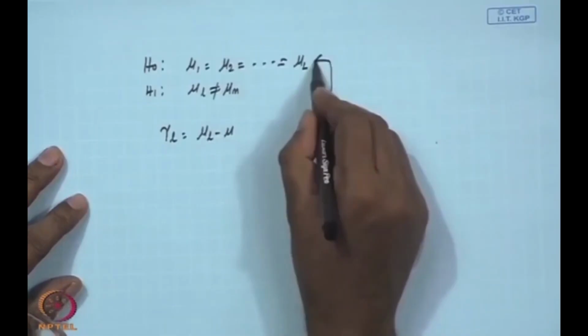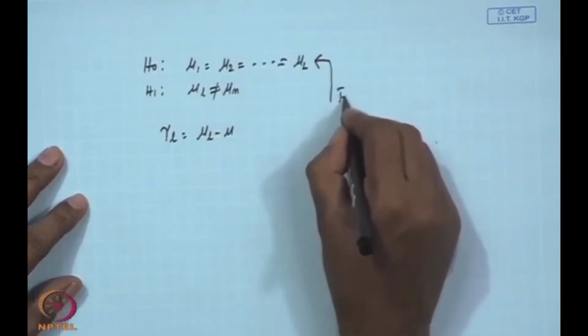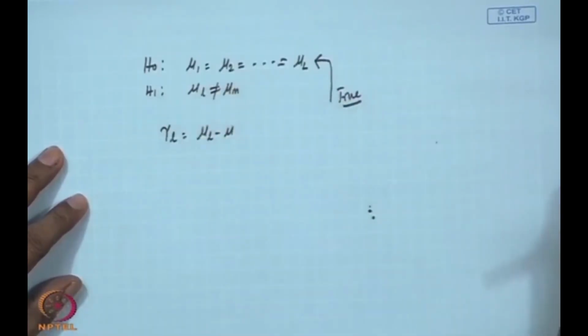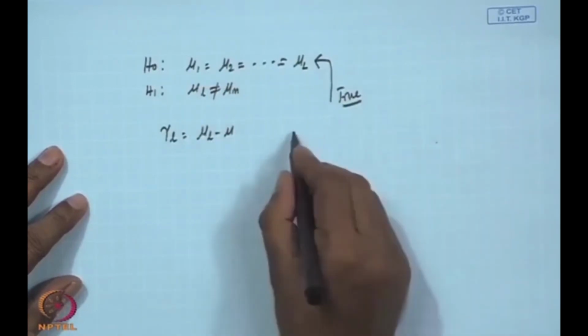Now, if H0 is true, that means all means are equal, then what will be the grand mean?